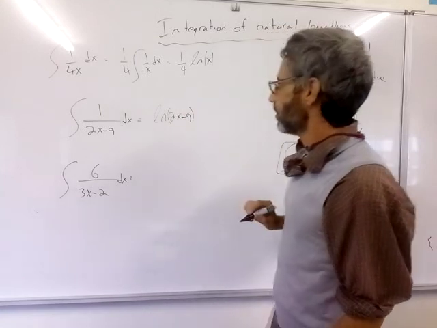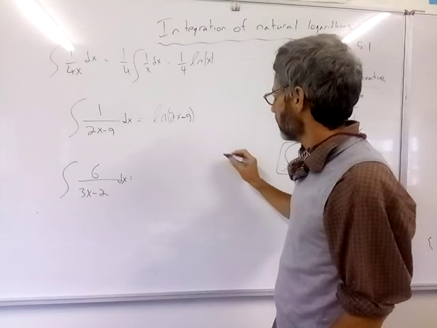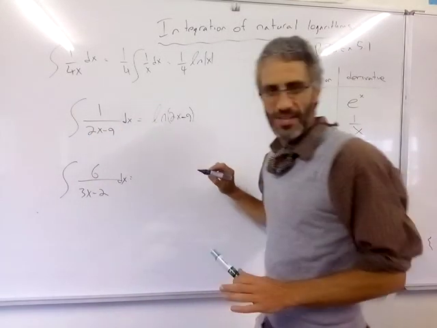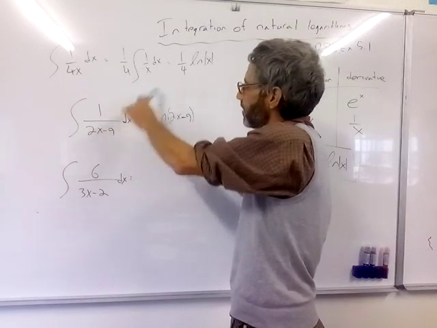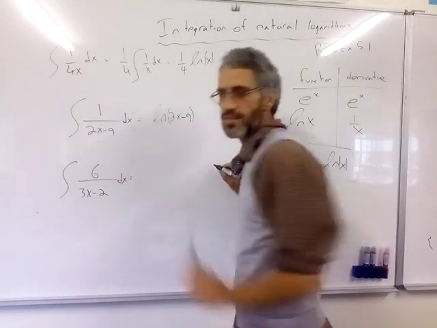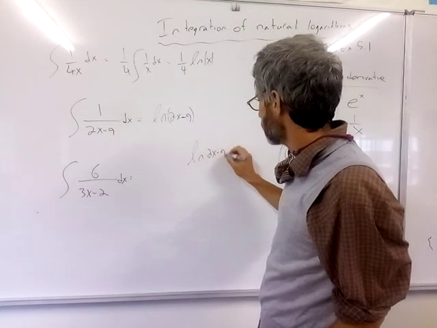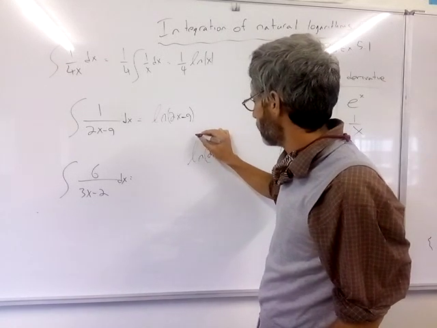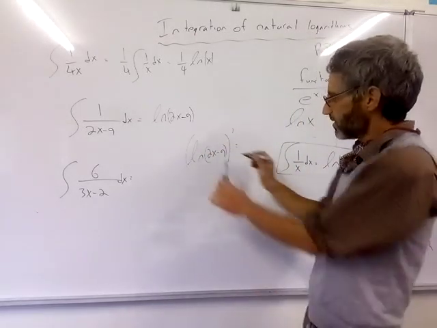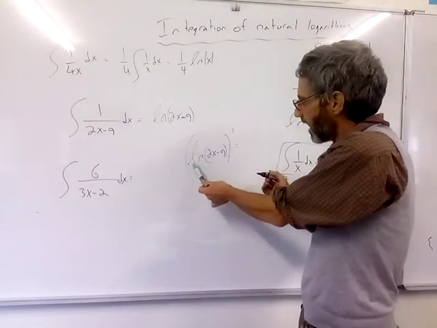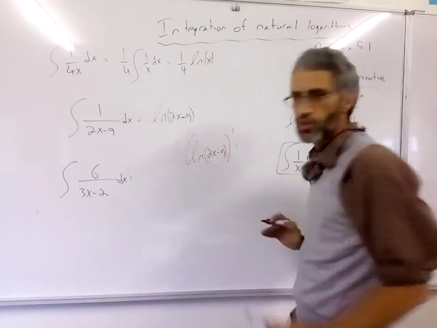Now let me try and justify why that is a good guess. If the integral of this function is this function, that means if I do the derivative of this function, I must get what's inside the integral. So let's try and differentiate ln of 2x minus 9. Using the chain rule, it is ln of something, that's the outer function, and the inner function is 2x minus 9.